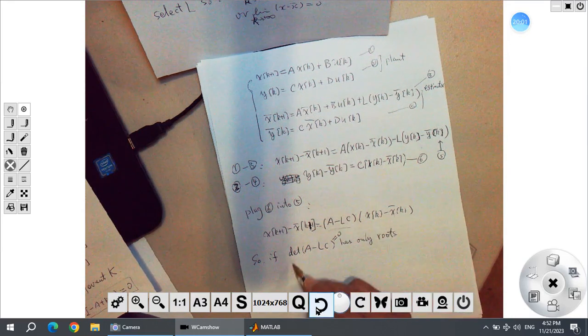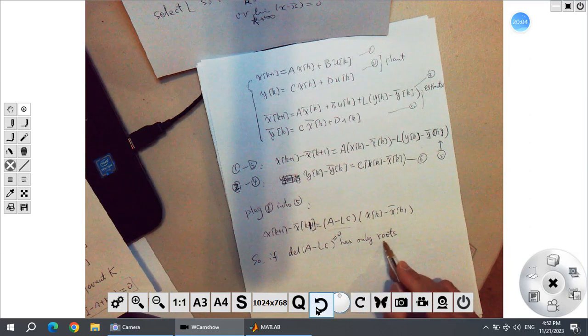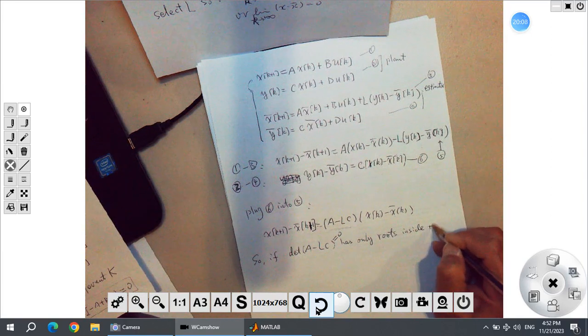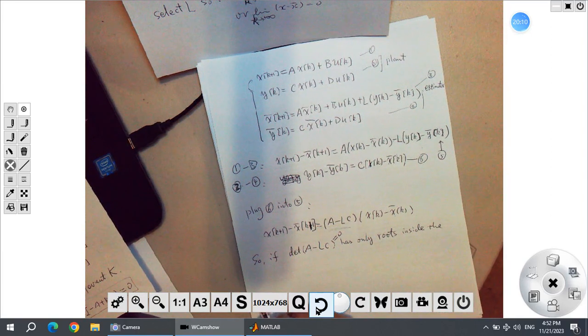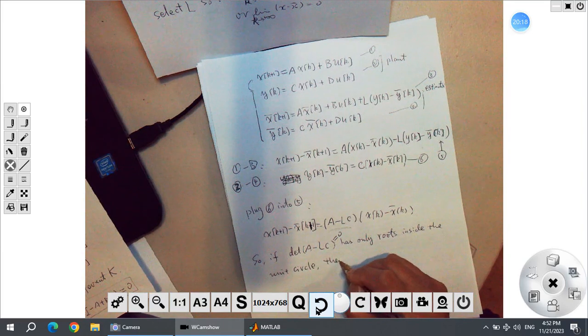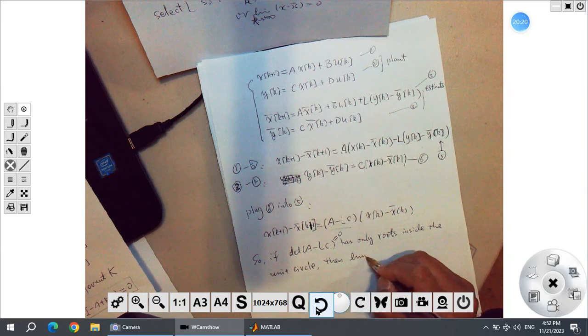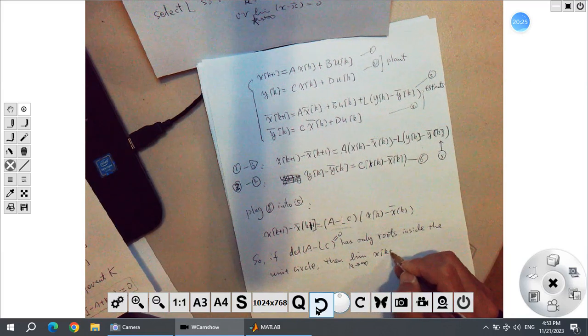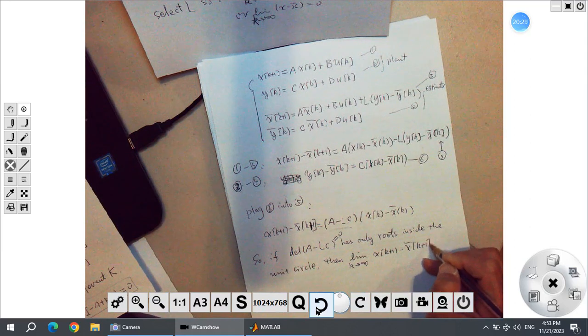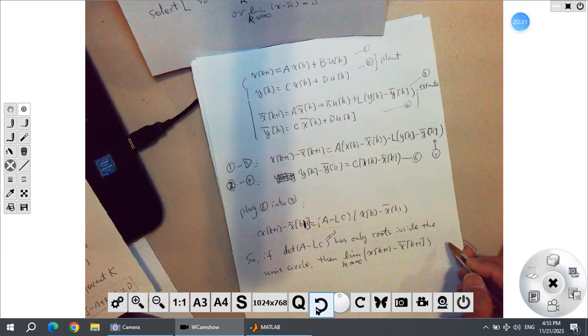If this equation has only roots inside the unit circle, then the limit as k goes to infinity of x of k plus 1 minus x bar of k plus 1, doesn't matter, plus 1 or no plus 1, this one equals 0.